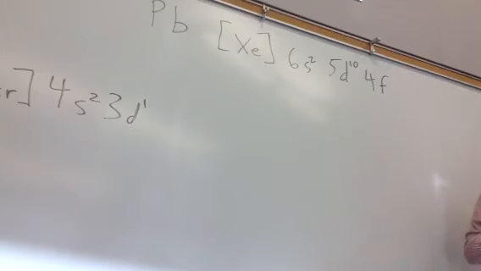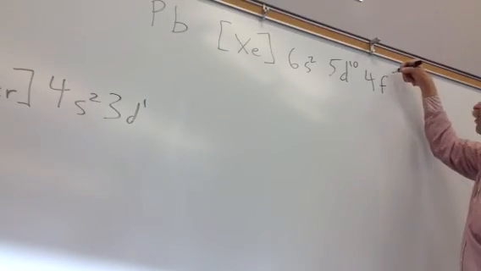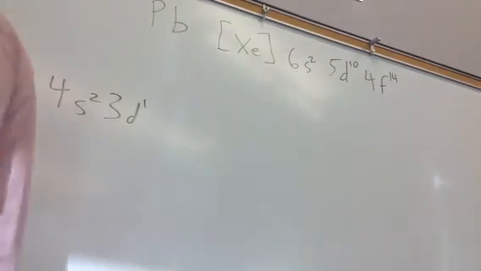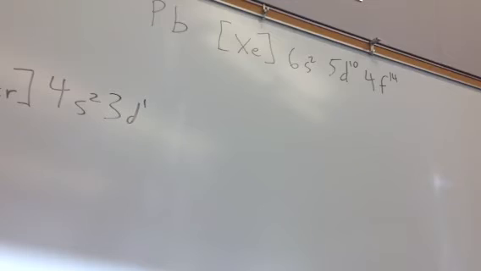How many elements were in the 4Fs? 14. So we'll take 14 to fill that up. And so that brings me up to mercury. Then I have 1, 2 more elements to go past mercury. So I'm going to have 6p2.